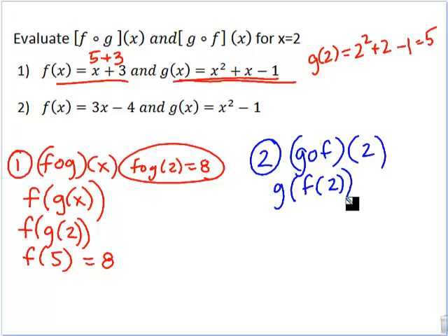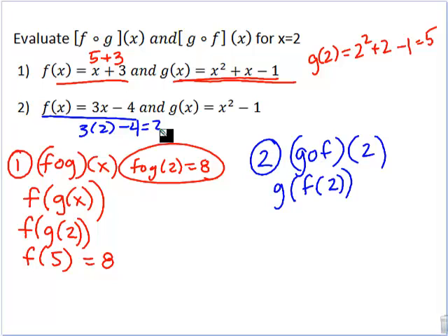So what would we start off by looking for first? f of 2. Okay, so for our second example here, our f function is 3x minus 4. So we want to find f of 2. So we would want to find out what 3 times 2 minus 4 is. Yep, that's 2.